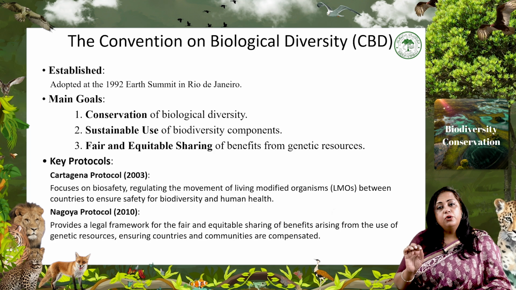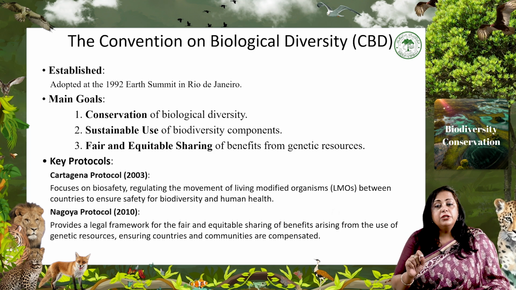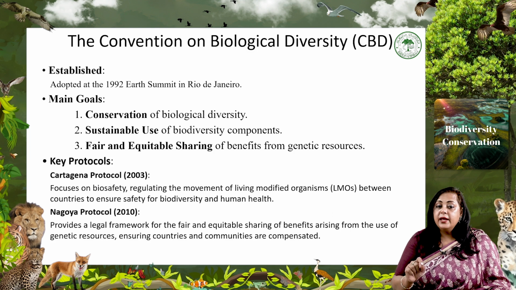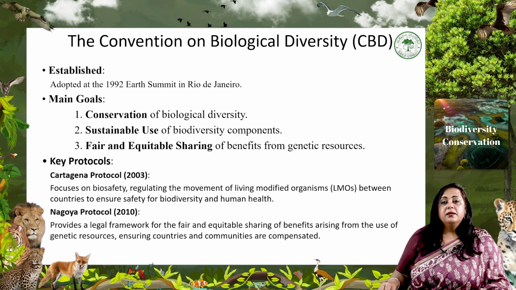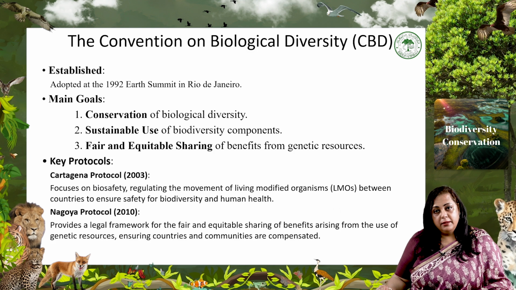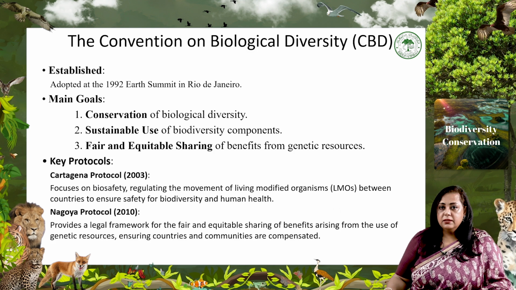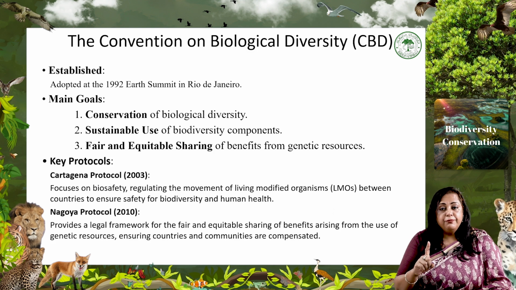And third and the most important objective of this convention, of this treaty, was fair and equitable sharing of benefits from genetic resources. If some developing country is providing the genetic material, for example haldi, to some developed, advanced country, the developed country has to share the benefits arising out of the medicinal property.